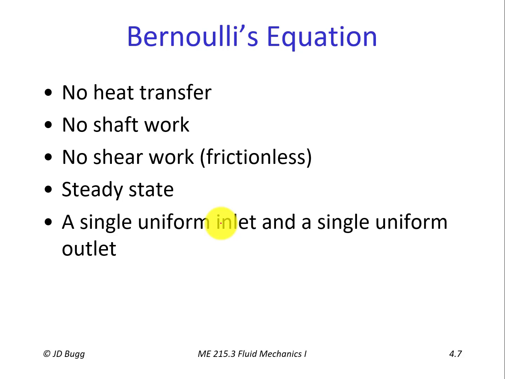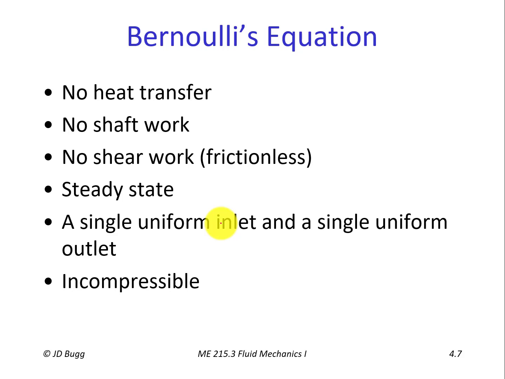Now, that's important because you can't take Bernoulli's equation and apply it in a situation where there's multiple inlets and exits. You can't look at a branch in a pipe or a T or something like that. There is a way to do it, but you have to be very, very careful. And certainly in this course, we're not going to get into that sort of thing. So we can only apply Bernoulli's equation if we have a single inlet and a single outlet.